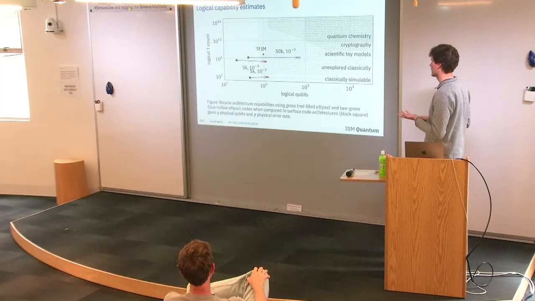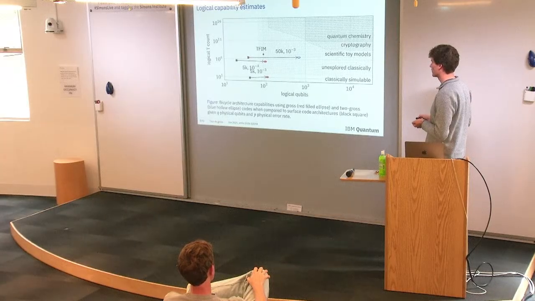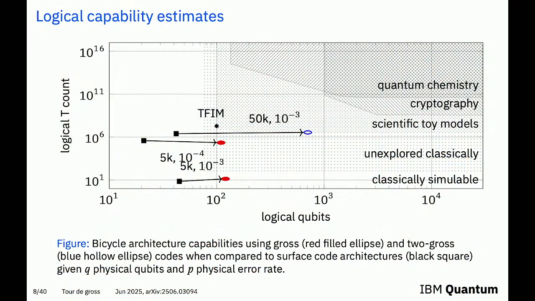So the surface code hits that point here if we require that the logical T count is similar to this data point. So these data points we calculate, and then we find a comparable surface code architecture and see that the capability in the number of qubits is improved.